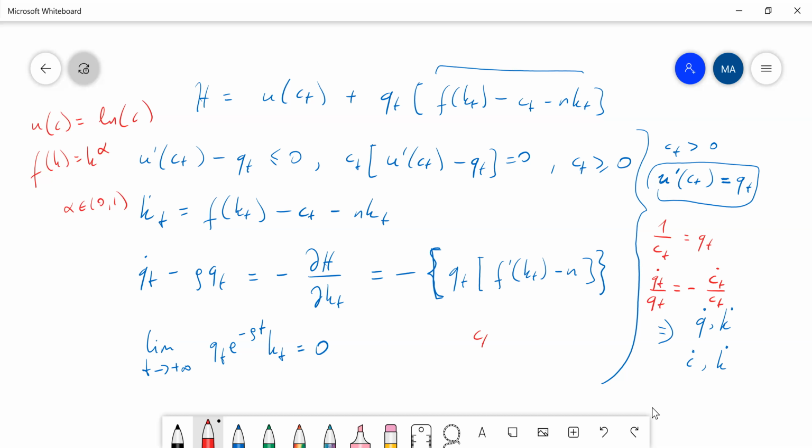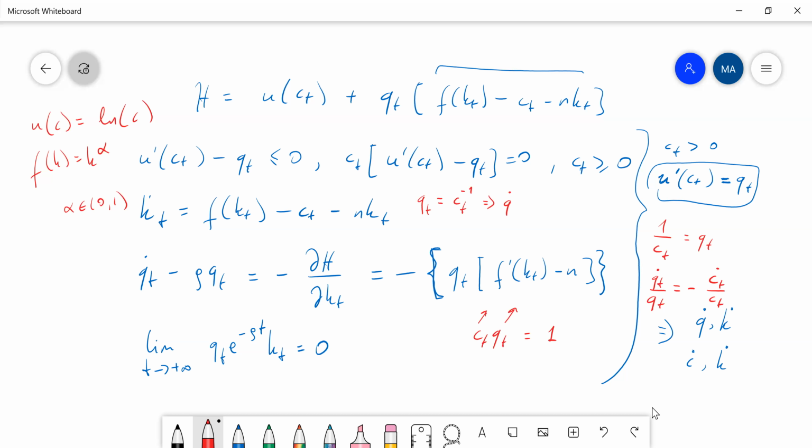Because their multiplication is fixed. If the growth rate here is, let's say, minus 2%, then this must be plus 2%, right? So this multiplication remains fixed. Okay, that's the idea. You can of course write this. If you want to see how I wrote that, you have C_t, you have Q_t equals that.